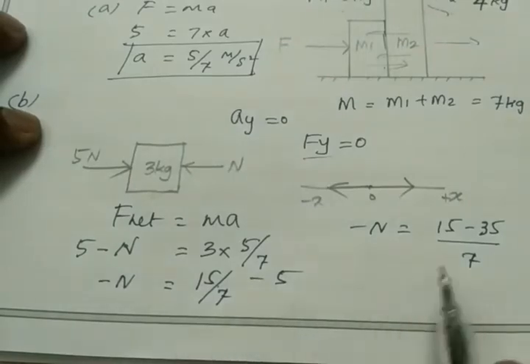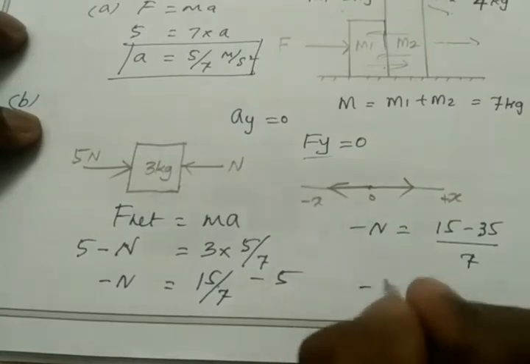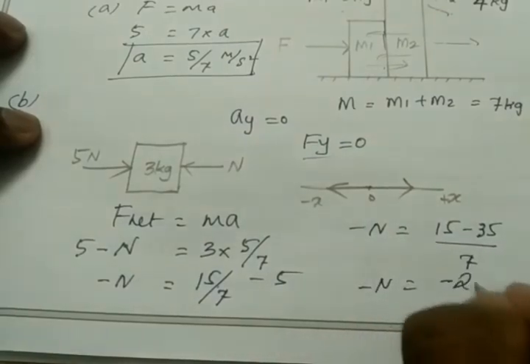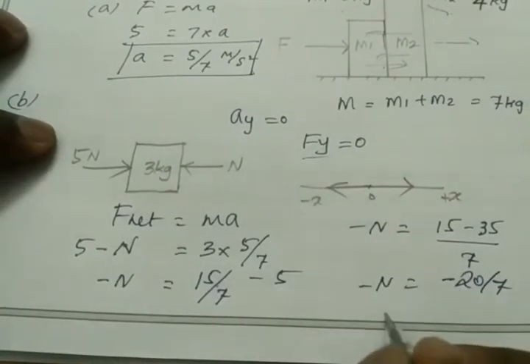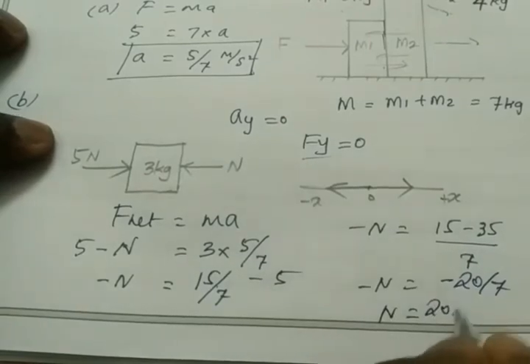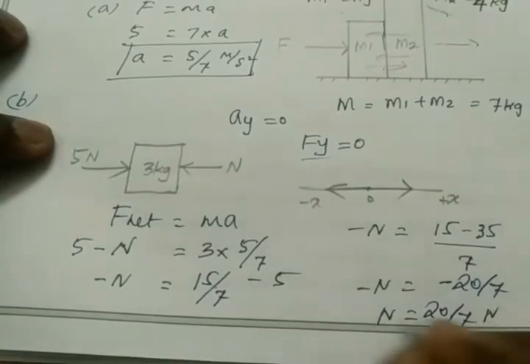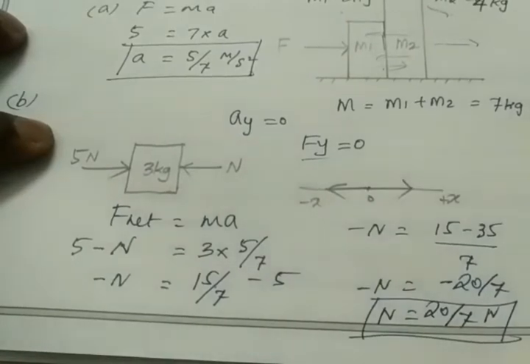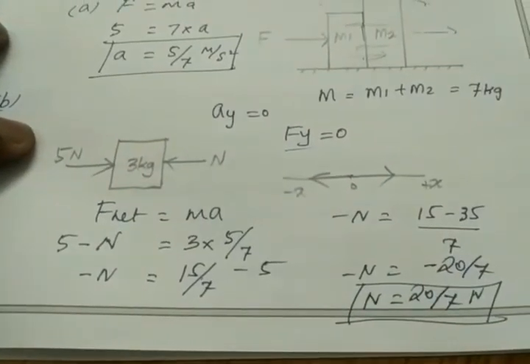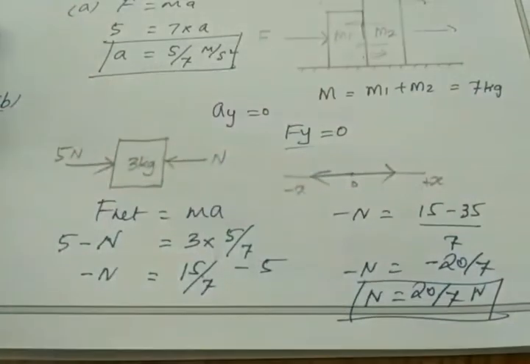If you take the LCM, we get 15 minus 35 divided by 7. So minus N equal to minus 20 by 7. So N equals 20 by 7 Newton. Okay, so this is our contact force which is acting between these two masses.